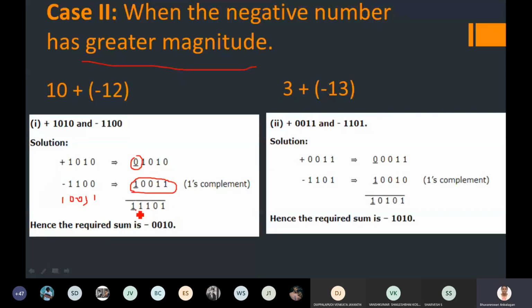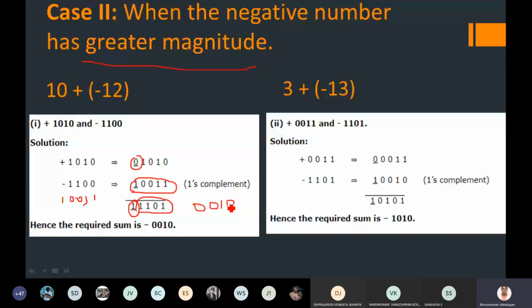So I am getting the value, and if the sign bit is going to be 1, then I will take the ones complement of the resultant value. So what is the ones complement of the resultant value? It is going to be 0, 0, 1, 0.